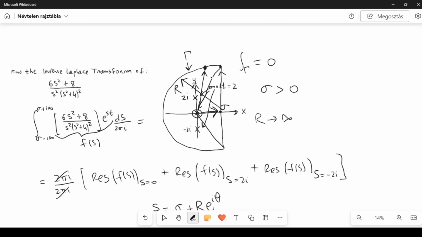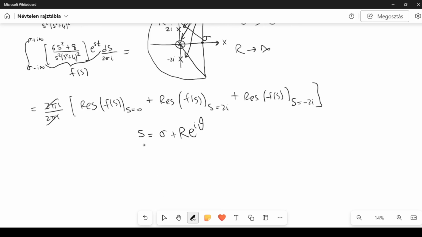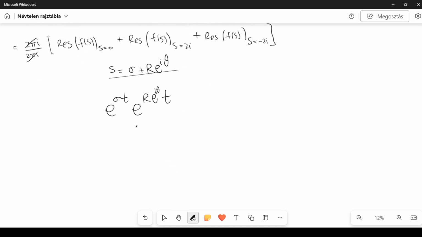Now let me clean my picture a little bit, because it's getting dirtier and dirtier. But anyway, you can see that if I substitute this s here, we have e to the sigma t times e to the r e to the i theta times t, right? Now let's focus on this.